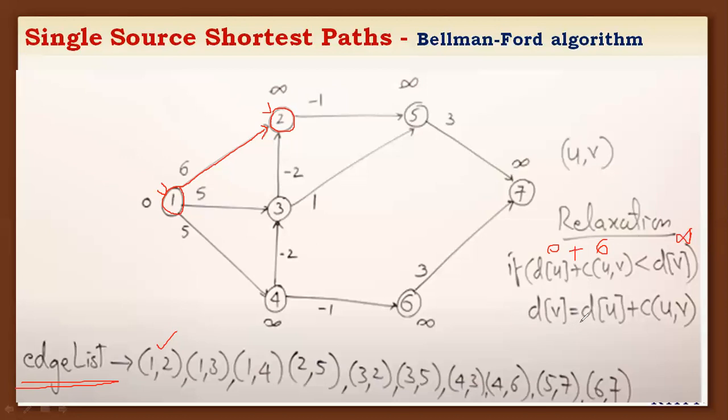Then d of u plus c of u,v is 6, so d of v becomes 6. That means infinity is replaced with the value 6 here. This is the first step. Next, consider 1, 2, 3.